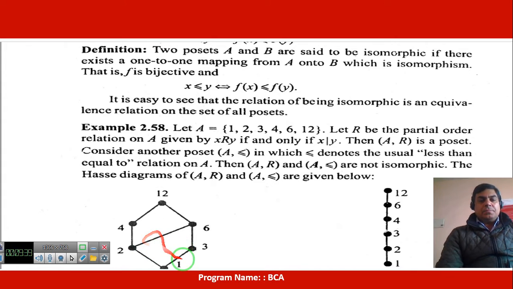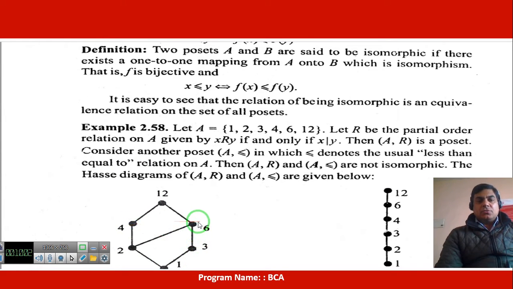So 1 can be divided to 3, and 1 can also divide 2, so we can write up and down, so 1 down and 2 and 3 up, because 1 can divide 3 and 2 also, but 2 can be divided to 4, so that's why 2 should be down, 4 should be up. 3 can be divided to 6, so 3 should be down, 6 up.